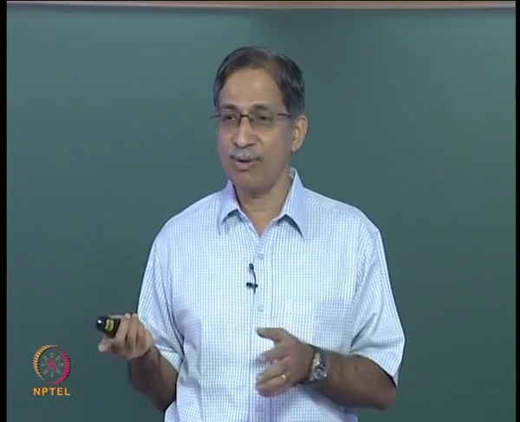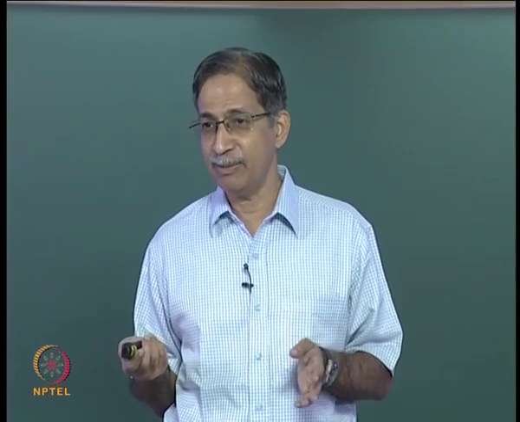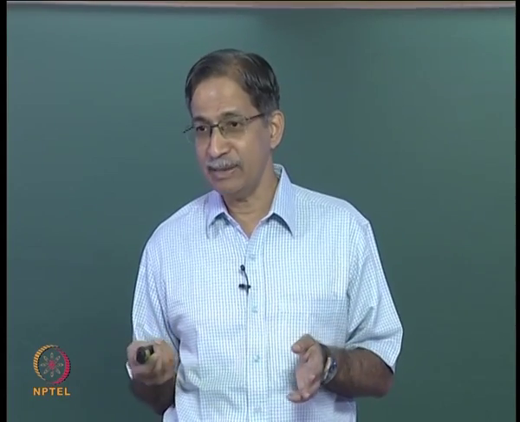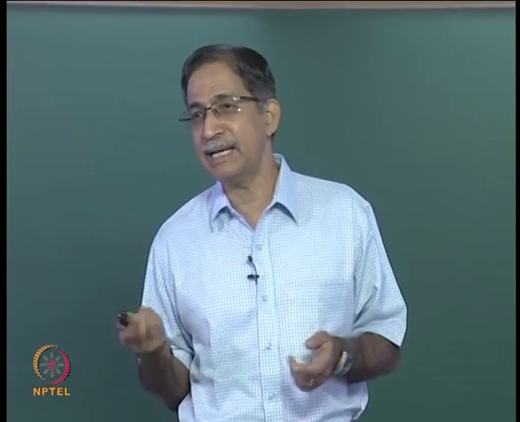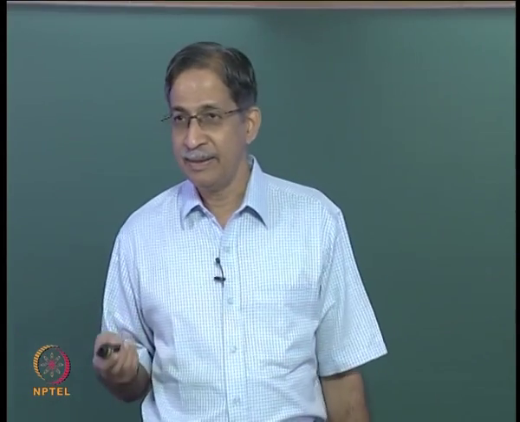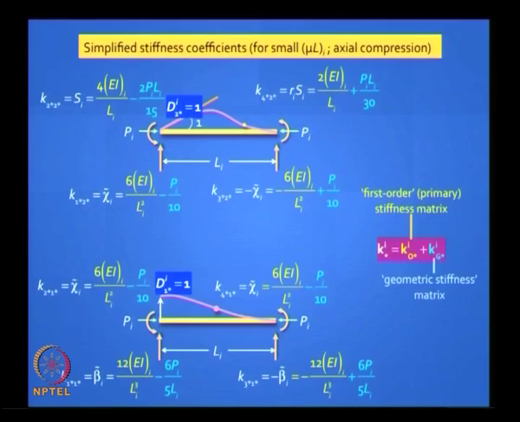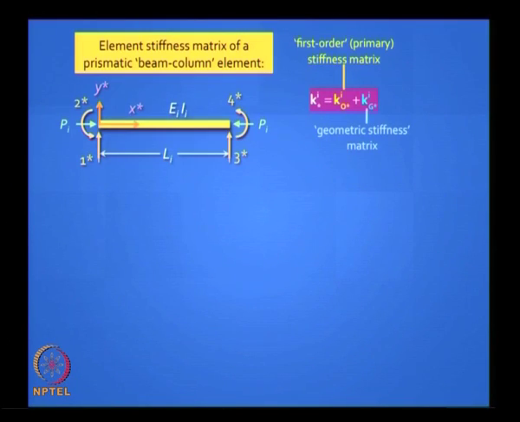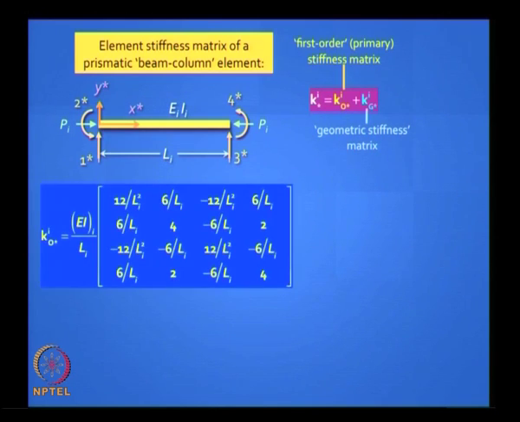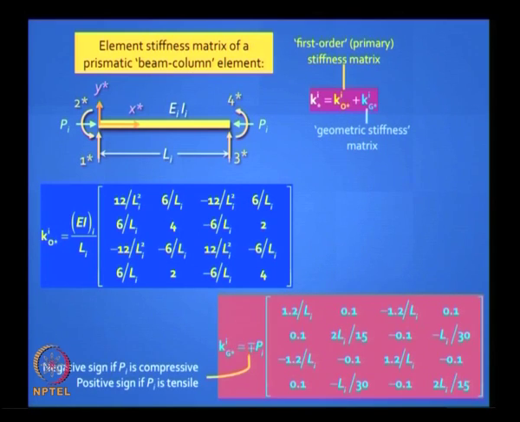It is only in the deformed configuration the P delta effects come into play, and those effects are second order effects. So you can also call it a second order stiffness matrix, and we can write an expression for it just by looking at these pictures, and it takes this form. Okay, so this is your primary, the yellow colored, and this is your second order.